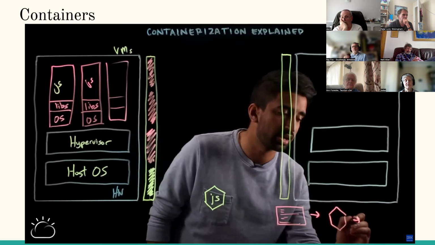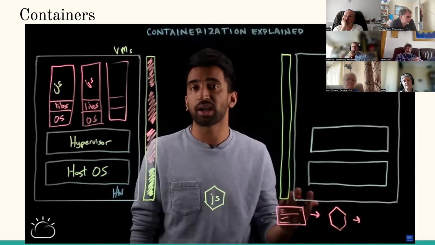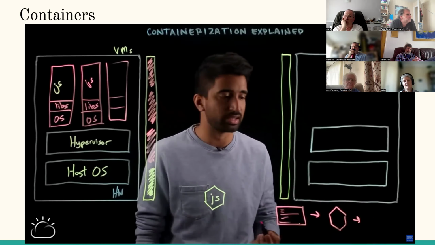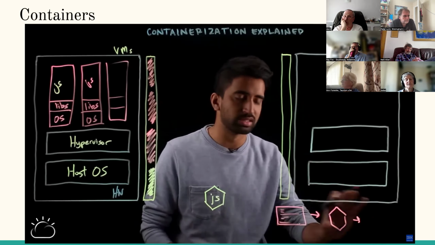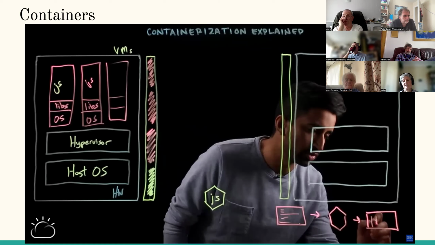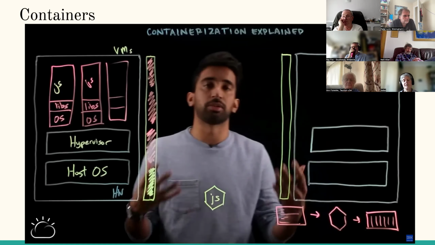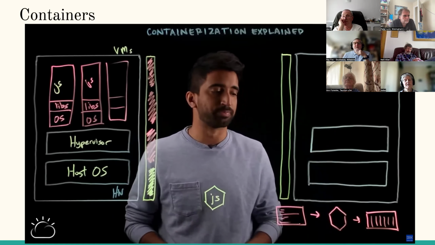If you're working with Docker, there'll be a Docker image. If you're working with Rocket, it would be an ACI, or application container image. Regardless of the different containerization technologies, this process stays the same. The last thing you end up with is an actual container itself, that contains all of the runtimes and libraries and binaries needed to run an application.